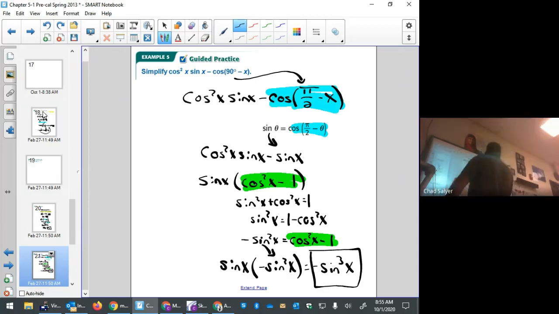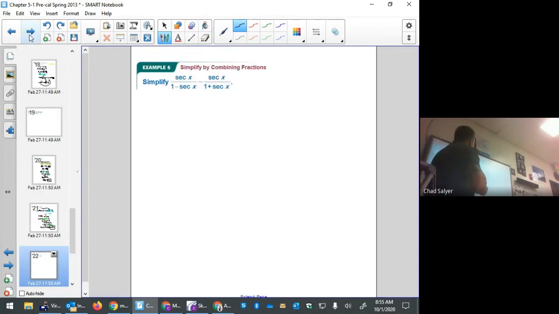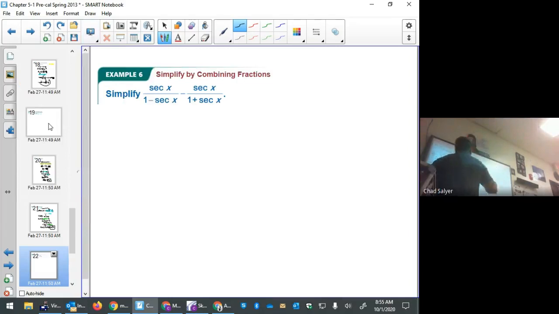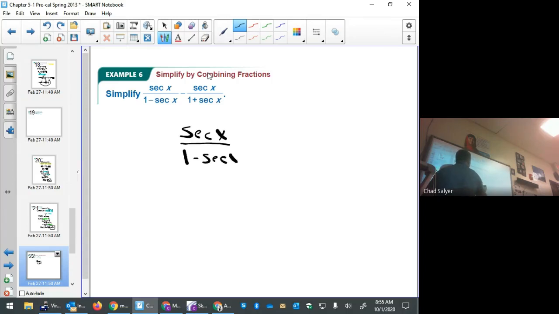So good questions. Example 5, we're just about done. And I know this has been a lengthy and a challenging section, but we're going to do one more. So we've got secant, don't leave that c off, of x over 1 minus secant of x minus secant of x over 1 plus secant x.